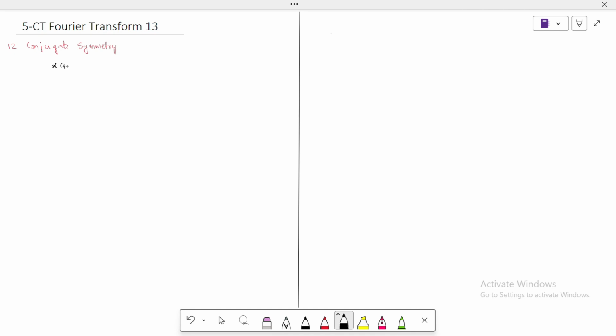So here x of t is real. Then X of minus j omega complex conjugate is equal to X of j omega.